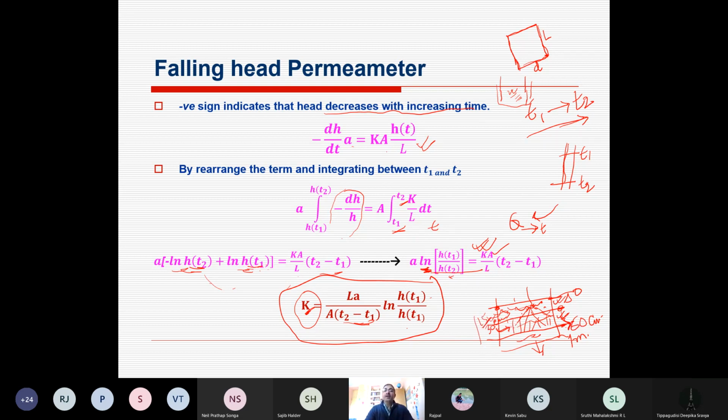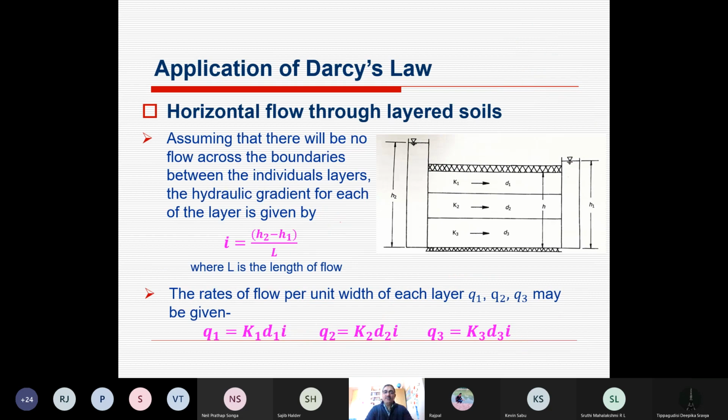So in that way, we have applications of Darcy's law, just like horizontal flow through layered soils. Usually soils are in layered condition. Here simply I want to show you that there is a three layer system which has depths D1, D2, D3, and let us consider, suppose we have measured somehow hydraulic conductivity as K1, K2 and K3.